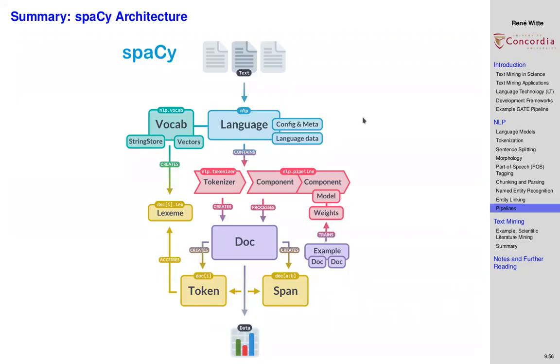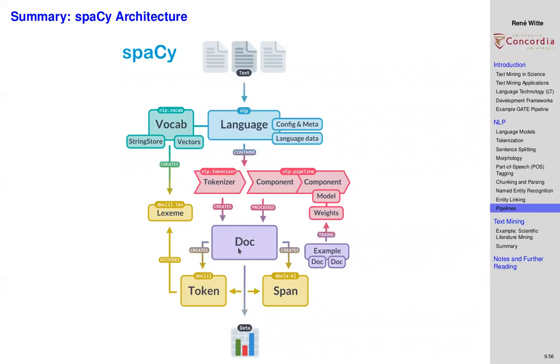So to summarize what's going on, we have our NLP model, which is language specific. We used English for all the examples, but you can experiment with some of the other languages. Each language model has configuration, metadata like the pipeline, and language specific data. In there are these pipelines with the individual components, and they are creating this document.